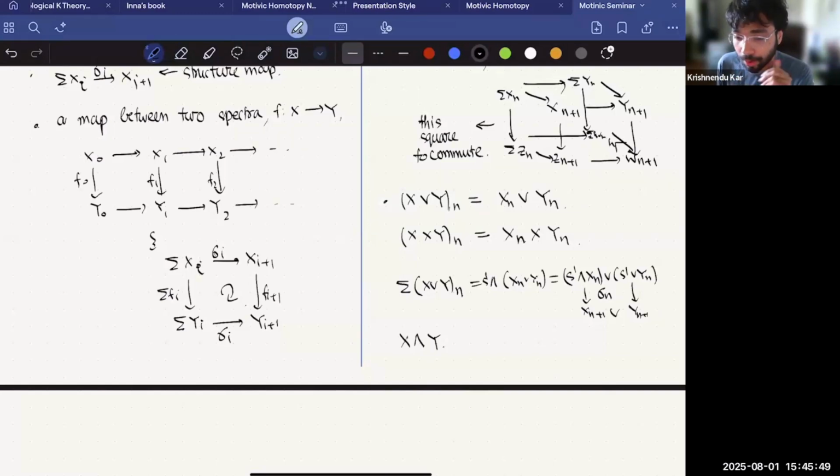So I'm not going to talk about that. Just know that there is a way of defining a smash product, or a tensor, on spectra. You can talk about it in the end if we have time, but not now.